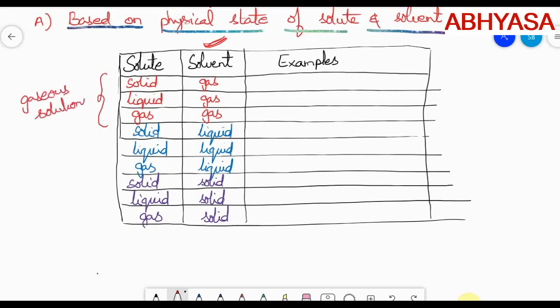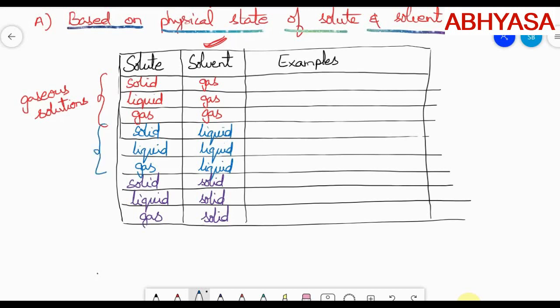So this is a very common term we'll be using regularly in chemistry. Gaseous solutions means whenever any substance is dissolved in a gas, means gas is a solvent, that is called the gaseous solution.